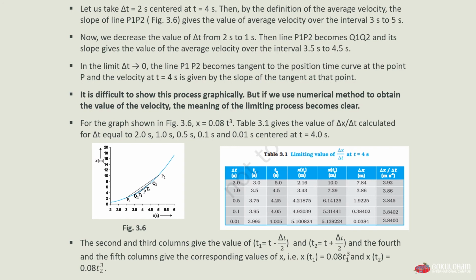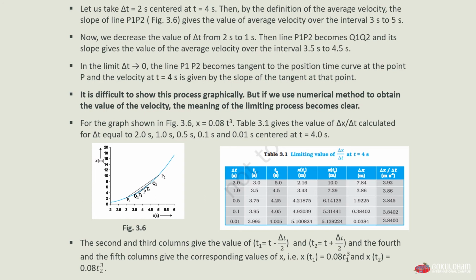Now we will get the values of our second and third columns. For that we have a formula. For the second column, which is to calculate t1, the formula is t1 equals t minus delta t divided by 2. So to calculate t1, we will require the value of t, which is 4 seconds, and the value of delta t for the first, second, third, fourth and fifth cases. For the first case, the value of delta t will be 2.